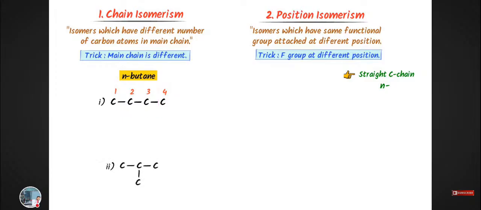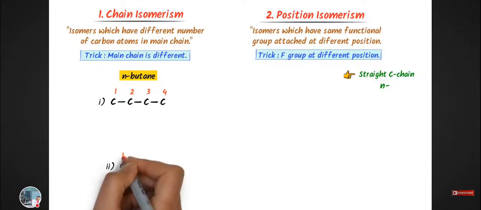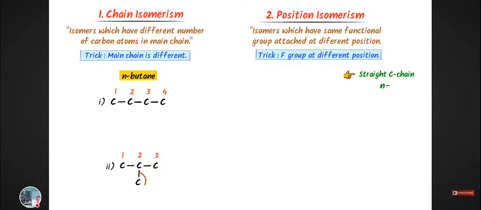I get this structure. Here, 1, 2, 3. This carbon is present at the second position. Remember that if a methyl group is present at the second position, we call it iso. So this is isobutane.